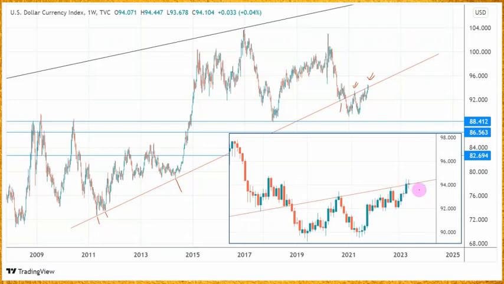So this is kind of undecided at this stage. If we're looking for a downwards move, then the next target here would be 88. And of course, that would be great for precious metals.